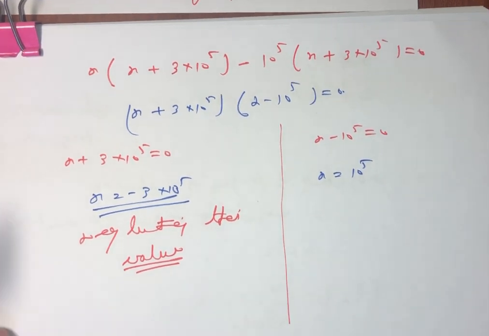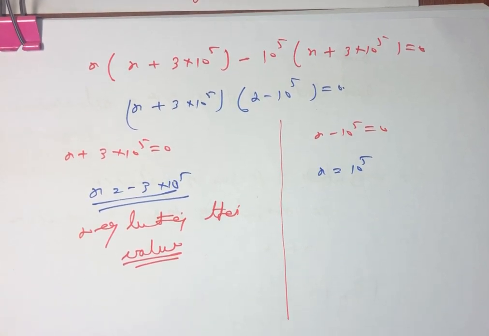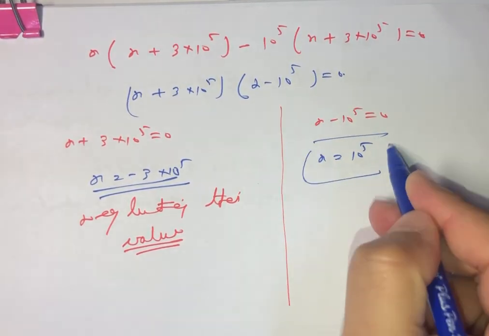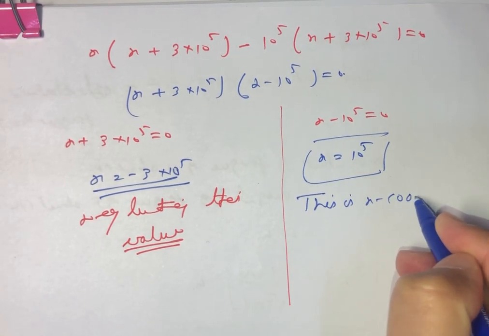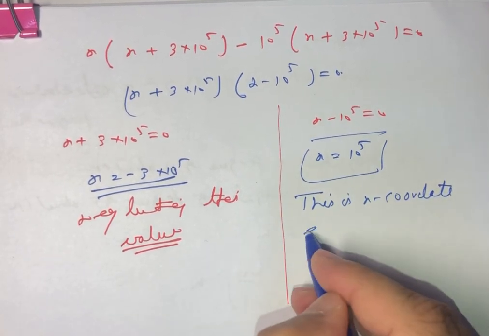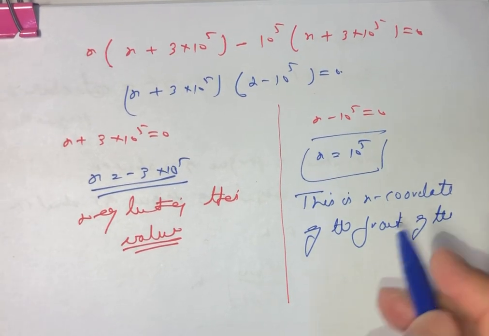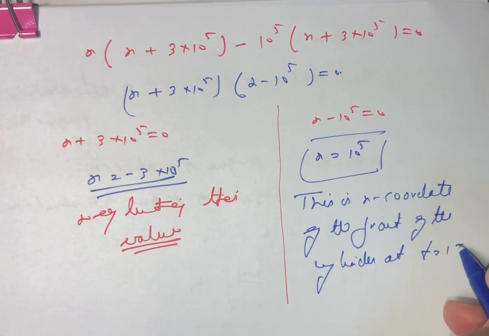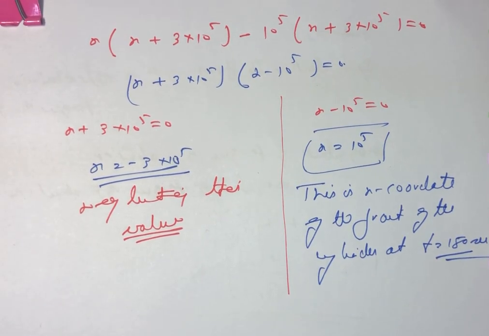We are supposed to find the x coordinate of the front of the cylinder at t equal to 150 seconds. So this completes the question. Thank you.